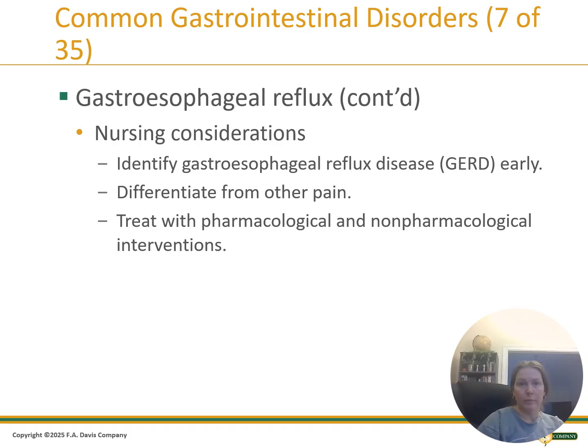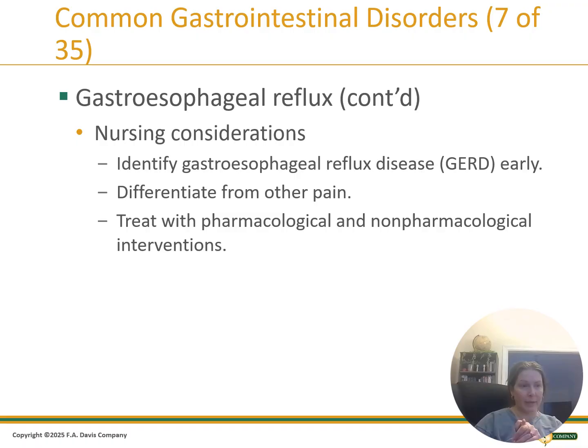Then we want to try to identify this gastroesophageal reflux early by recognizing the patterns of feeding intolerance, irritability, poor weight gain, and the presence of respiratory symptoms. We want to try to differentiate this from infant colic, infection, or any respiratory conditions, so differentiating from that other pain.